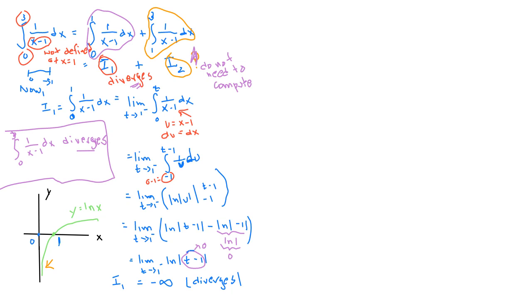If you've shown that the first little integral there diverged, you don't need to do the second one. Now, if the first integral converges, then you need to compute the second integral, like we did on the previous problem.